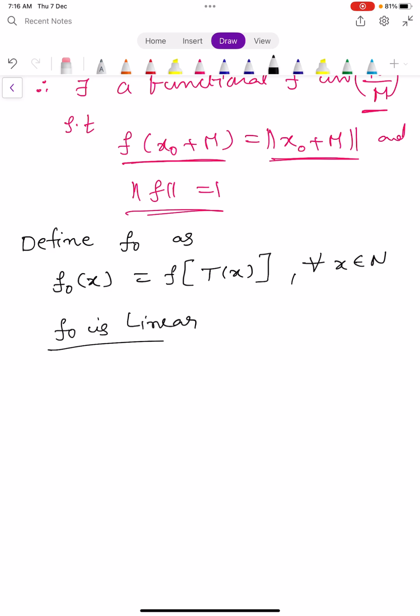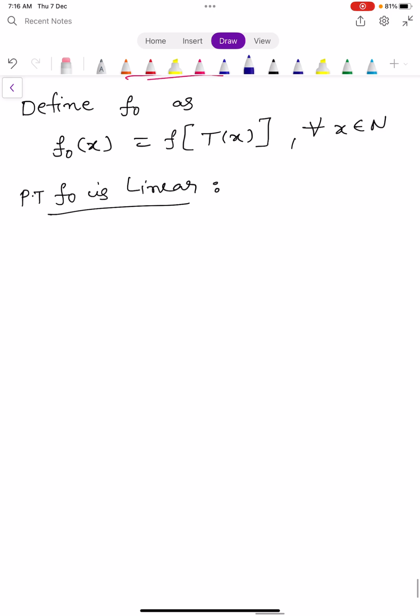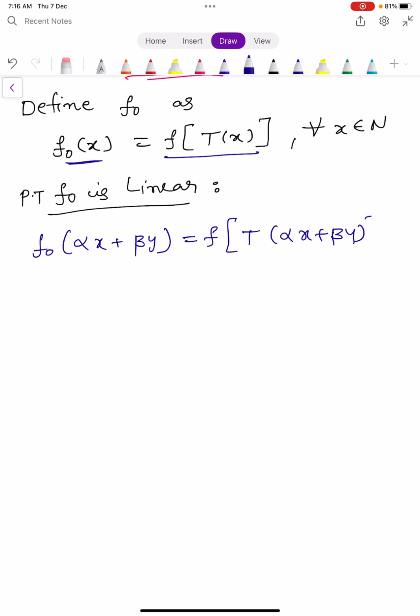We prove that this f naught is linear. To prove that f naught is linear, let us consider f naught of alpha x plus beta y. By definition of f naught of x, that is f of T of x, so f of T of alpha x plus beta y.